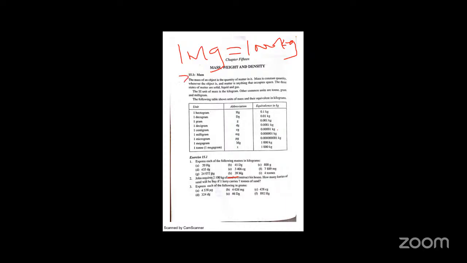How about 39 megagrams? So when you cross multiply that, you are going to have 39 times 1,000 divided by 1, whereby you get your answer as 39,000 kilograms. So that becomes the solution to that part. I think this one is easier when it comes to conversion.